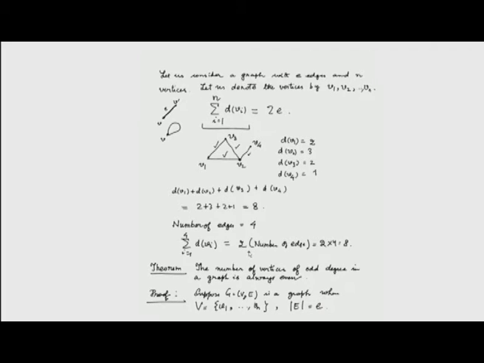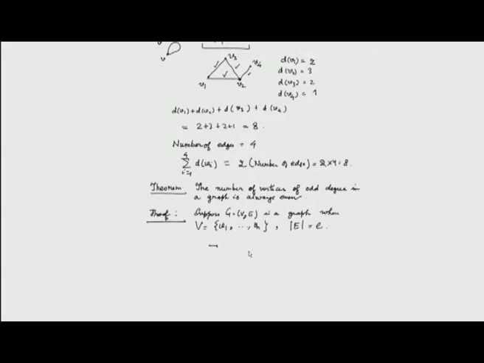Now, we already know that if I sum up all the degrees of the vertices, sigma i equal to 1 to n d(Vi) is going to be 2 times E.